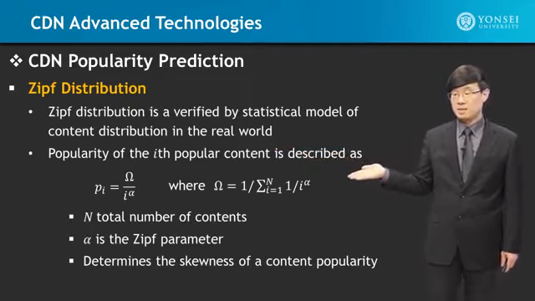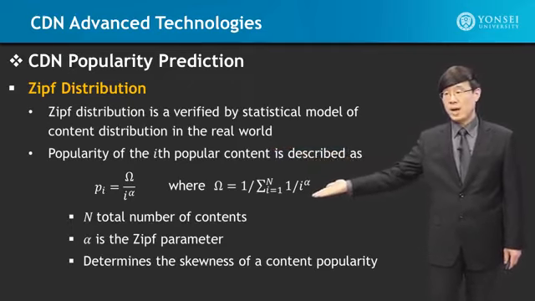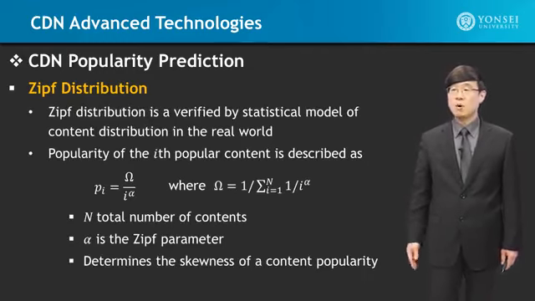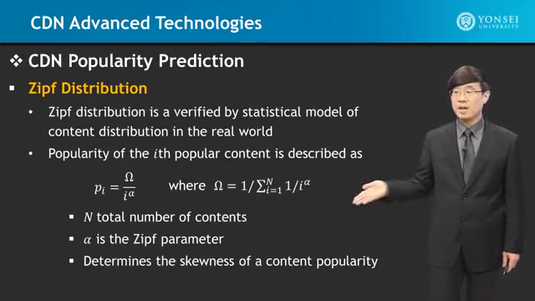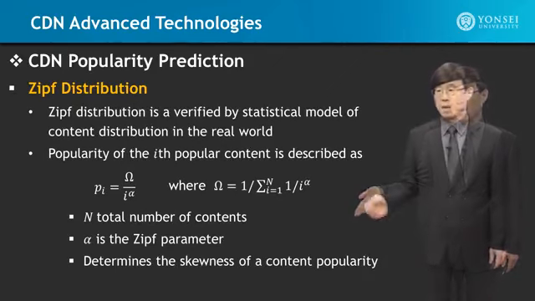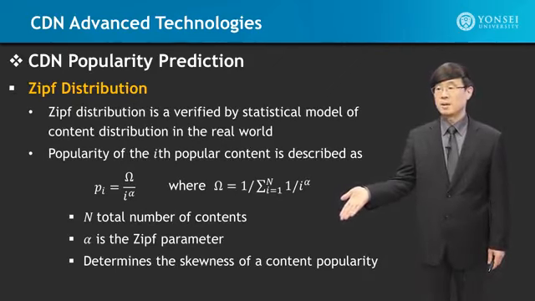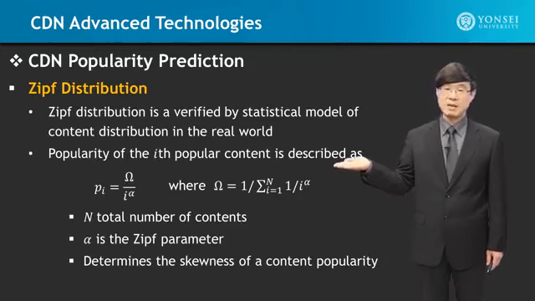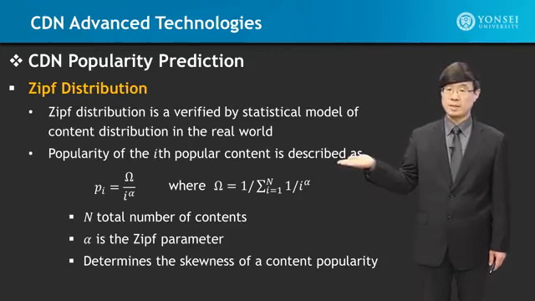The omega is based on this representation, where n is the total number of contents, alpha is the Zipf parameter, and this overall determines the skewness of a content popularity. Because it represents the skewness of content popularity, it is used in predicting what content to save and what content to erase.